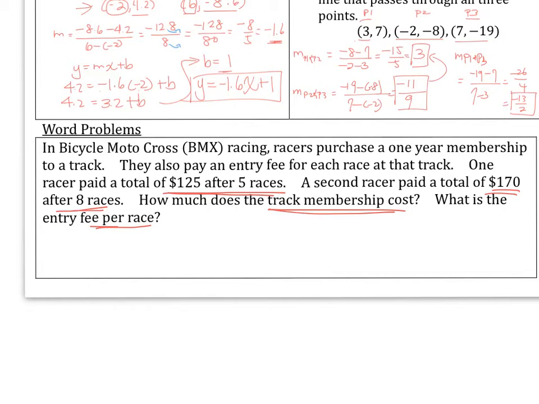So we're going to use the slope-intercept form, y equals mx plus b, to solve this word problem. Okay? So first I'm going to define my variables. M, entry fee per race. B would be my track membership.